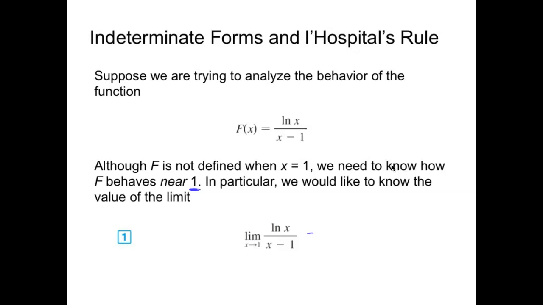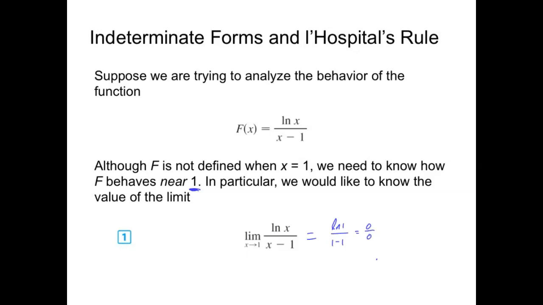Well, remember the first thing we generally try to do when we evaluate limits is just a direct substitution. But if we tried to do a direct substitution in this case, we would end up with natural log of 1 over 1 minus 1, which is 0 over 0.